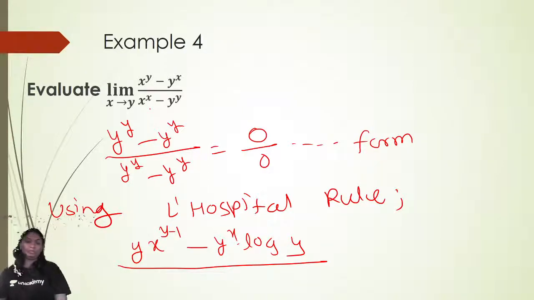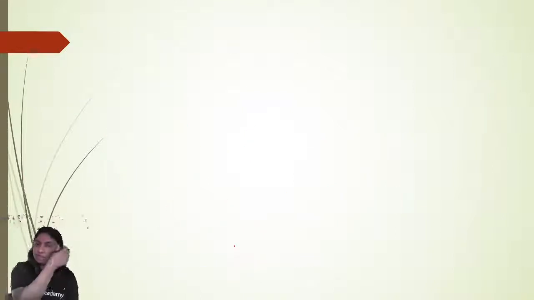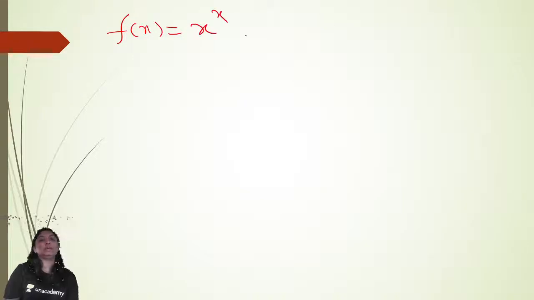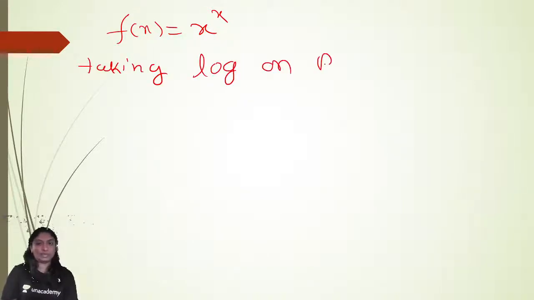I am keeping the other term as it is and letting f of x be equal to x raised to x. We cannot differentiate this x raised to x directly, there is no other rule to differentiate it with respect to x. So we take log on both sides.